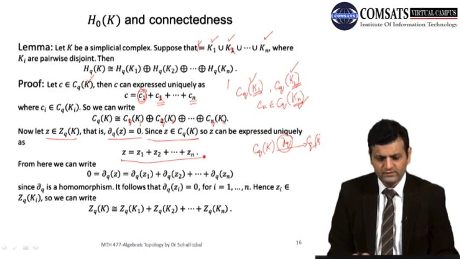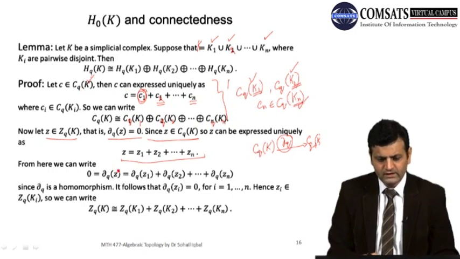We proved that an element of CQK can be decomposed as a sum of elements of CQK1, CQK2 up to CQKn, and so Z can be written this way.